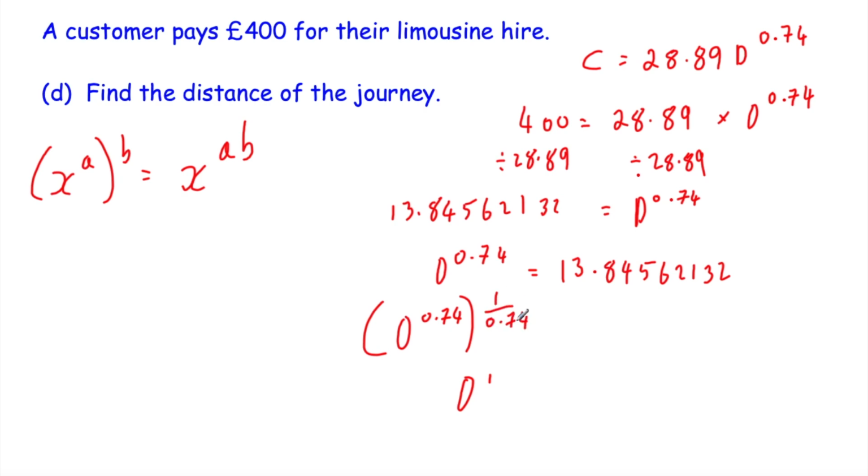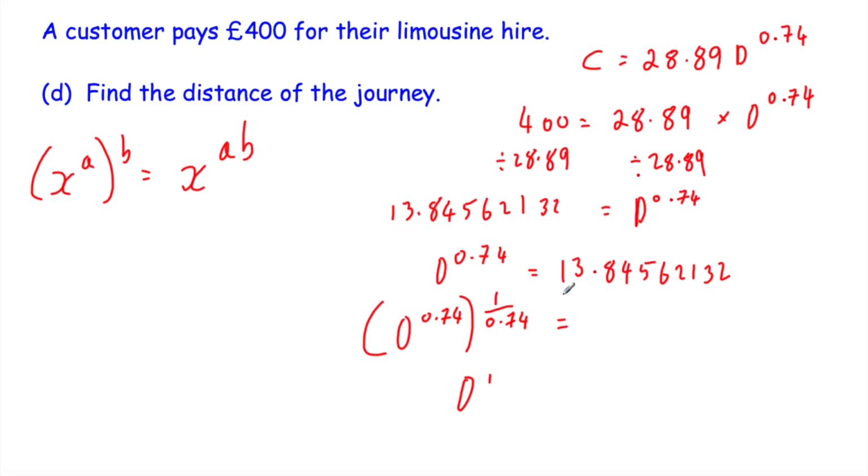I'm just putting 1 over whatever the power is, because 1 over 0.74 would be the reciprocal of 0.74. And if you multiply these two together, the 0.74 and 1 over 0.74, you're going to get 0.74 over 0.74, and that's equal to 1. So what I've done here is I've raised the left-hand side of the equation to the power of 1 over whatever the power was, so 0.74.